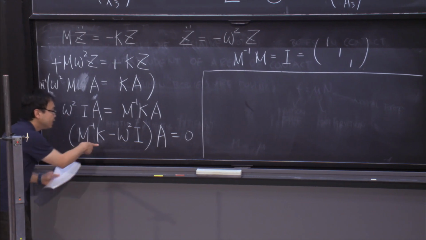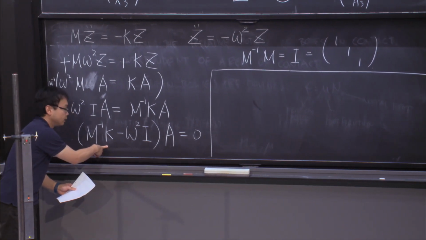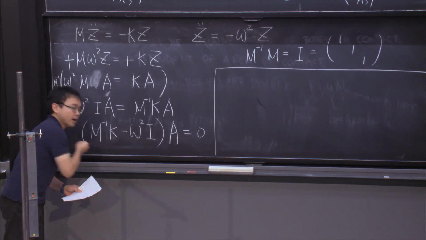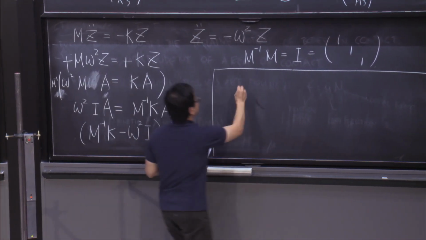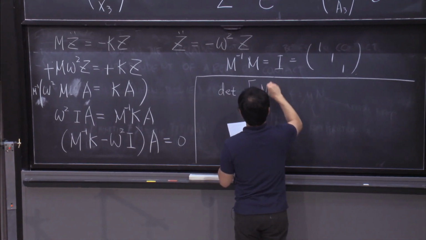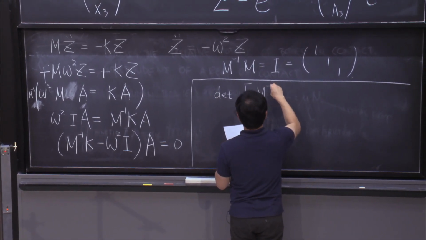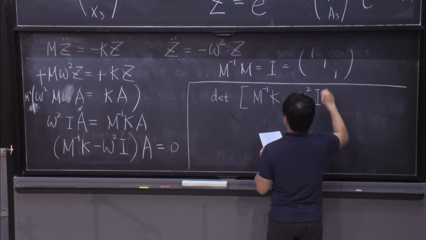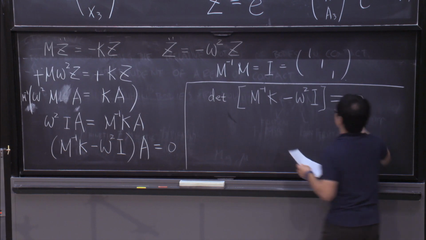That means if this equation has a solution, the determinant of n minus 1k minus omega squared I has to be equal to 0.